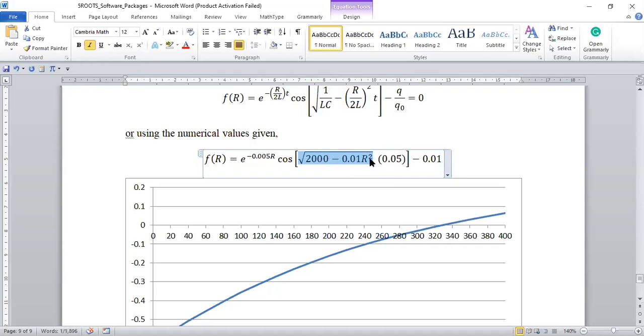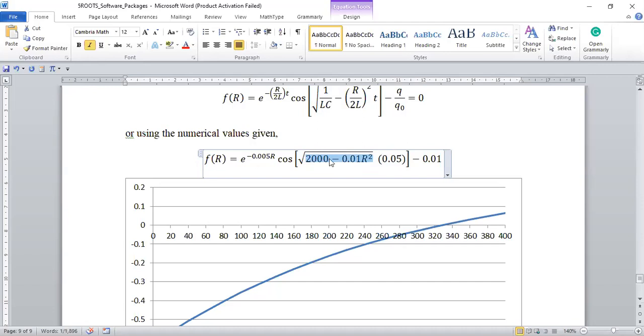So the r we're going to choose: if r is equal to 400, which is the maximum where we are stopping, 0.01 times 400 squared will give us 1,600. Then 2,000 minus 1,600 is still a positive number.